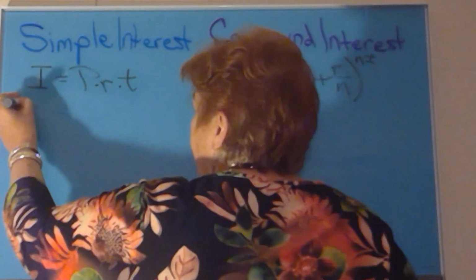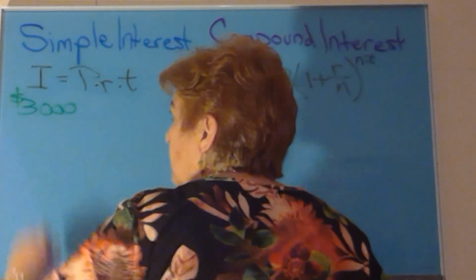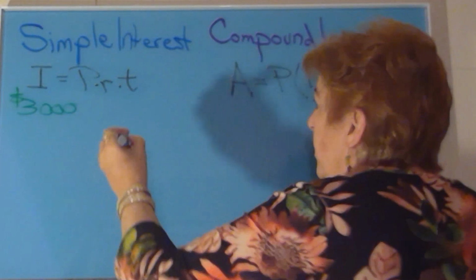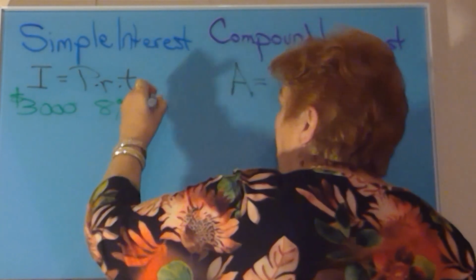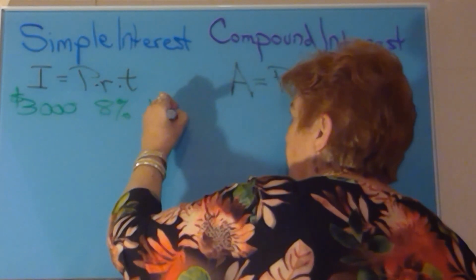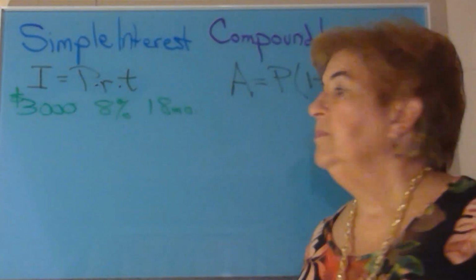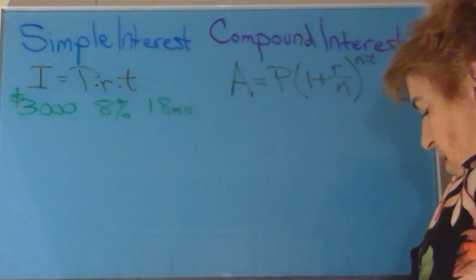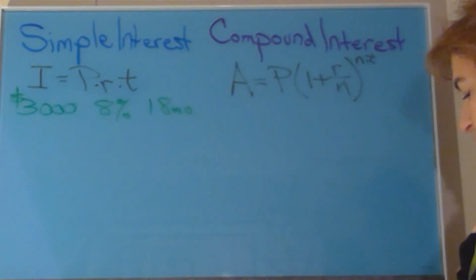So you've got $3,000 that you deposit in an account that has 8% interest for 18 months. Okay. I'm afraid that might not show up real well, so I'm going to change color here.